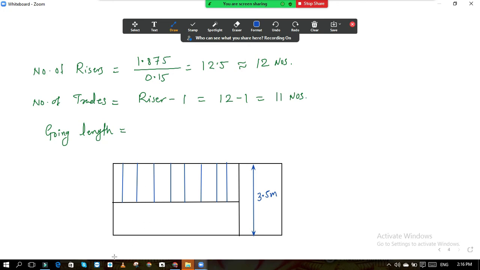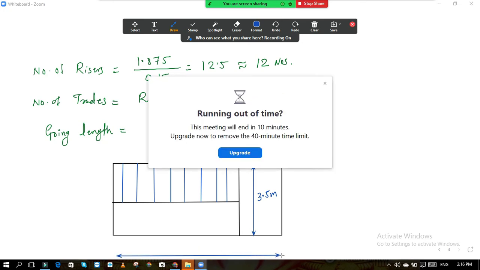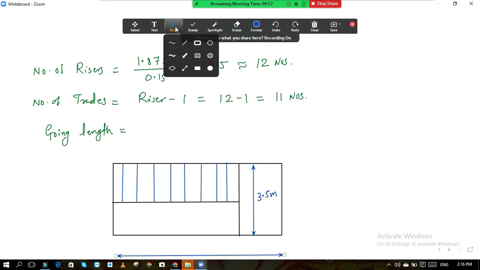And this box is 5.5 meter. This is given.